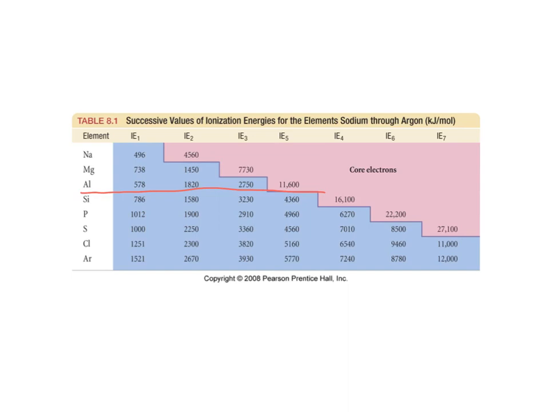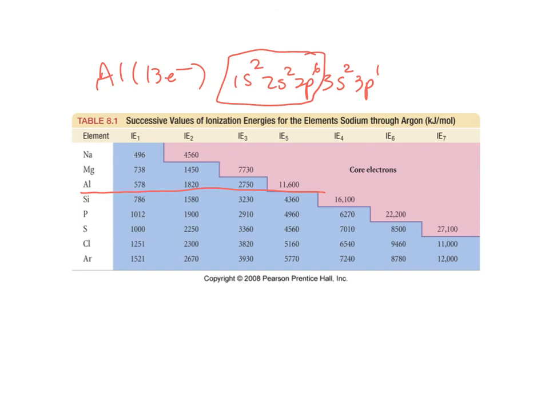Let's go back and look at the periodic table for aluminum. So aluminum has 13 electrons: 1s2, 2s2, 2p6, 3s2, 3p1. So that's the core right there.